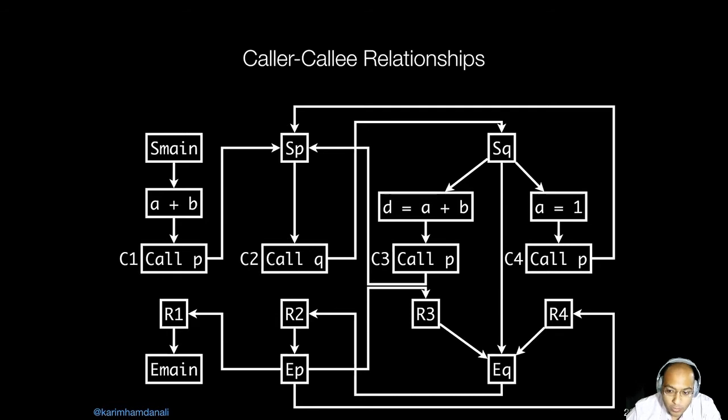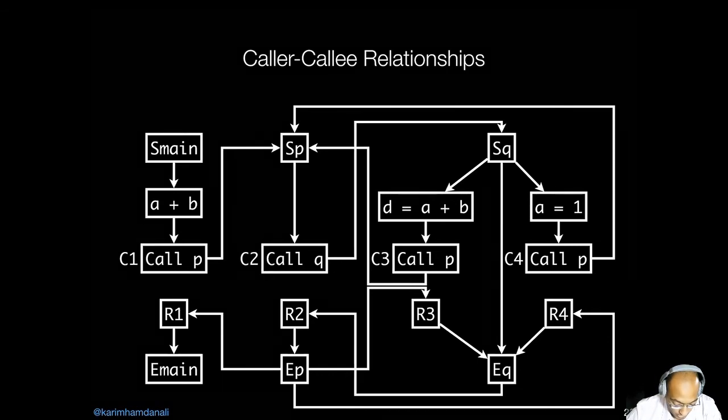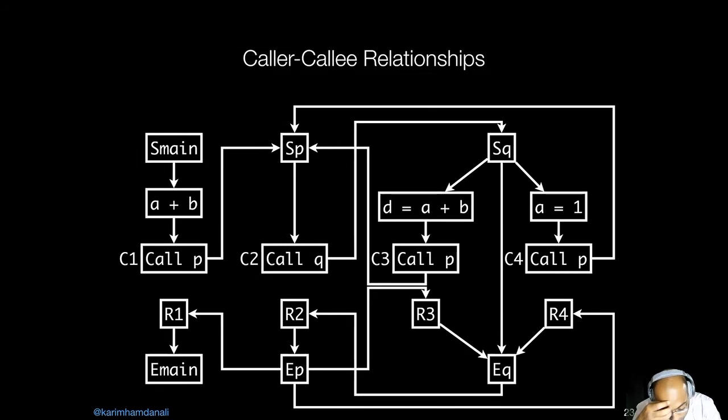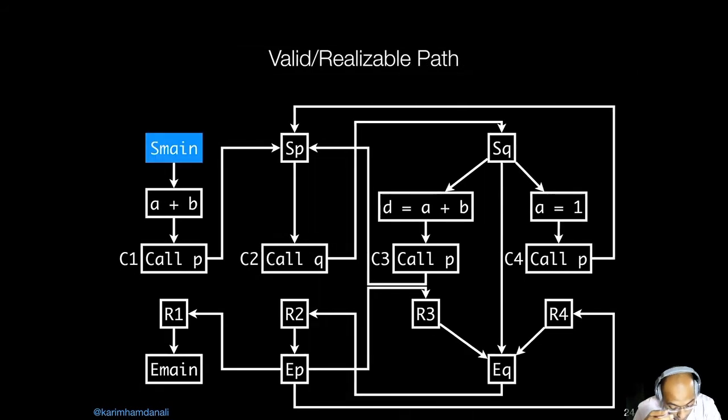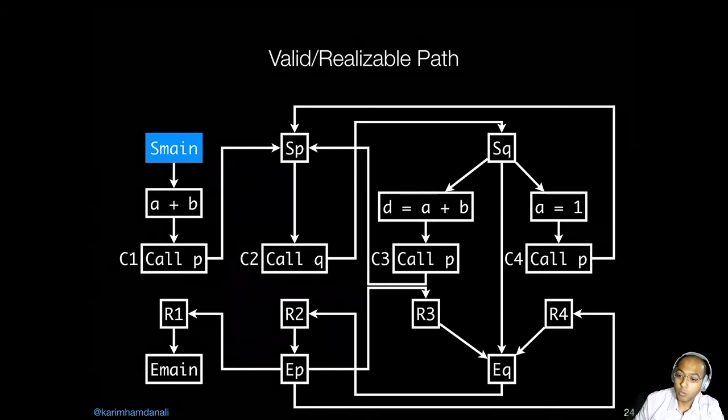This again goes back to when we talked about realizable paths and valid paths, when we talked about the monotone framework and how we go through the control flow graph, and there might be some paths that are an over approximation of the actual runtime behavior of the program. So one thing that this ICFG can give us is valid and realizable paths. So a valid and realizable path would be the following. Always start from the main entry point of the program.